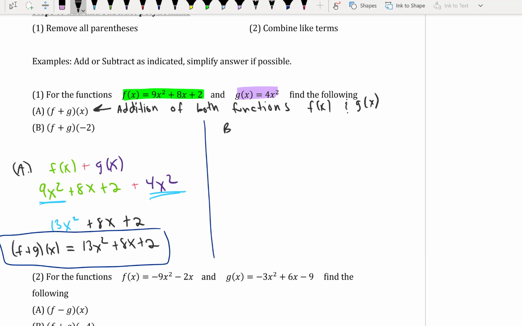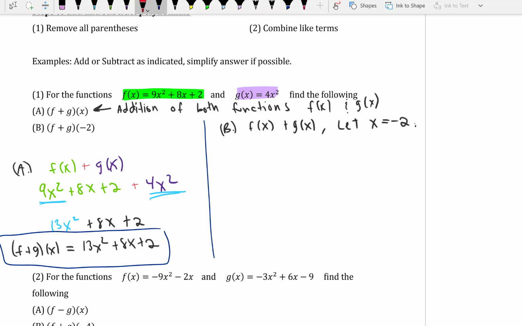And now for part B, it says, hey, remember those two functions when you added them together, the f plus g, now do it evaluating at -2. So this is saying f plus g of x, and it's saying let my x value equal a negative 2.